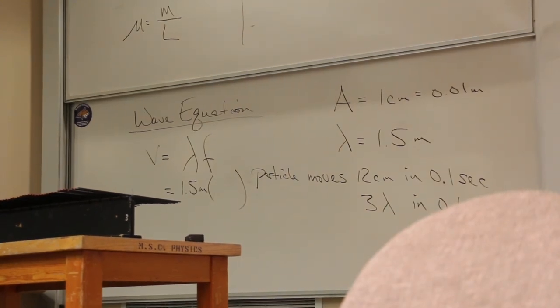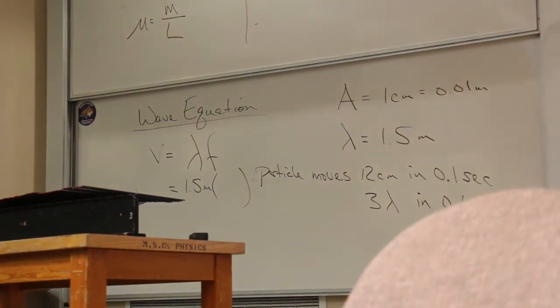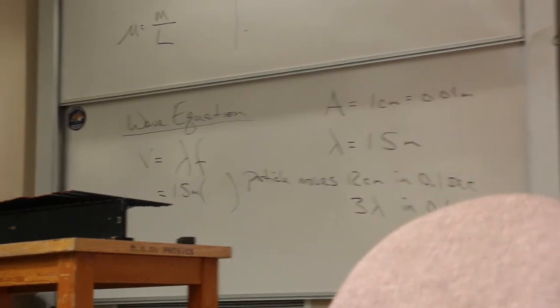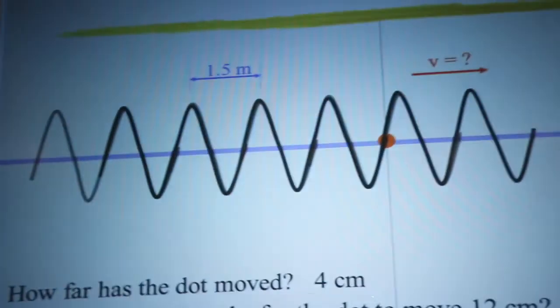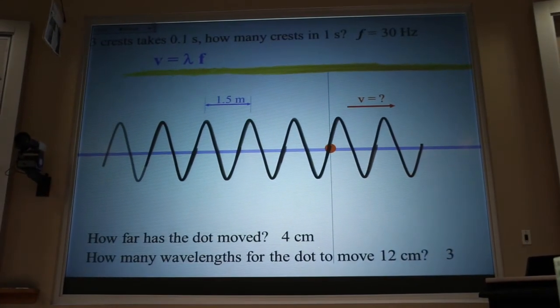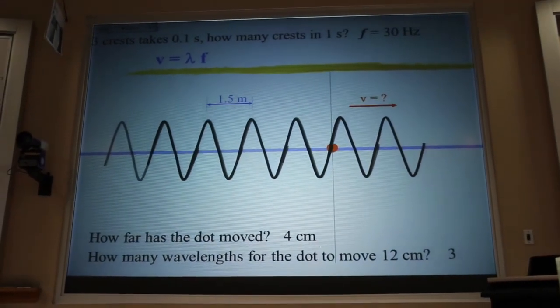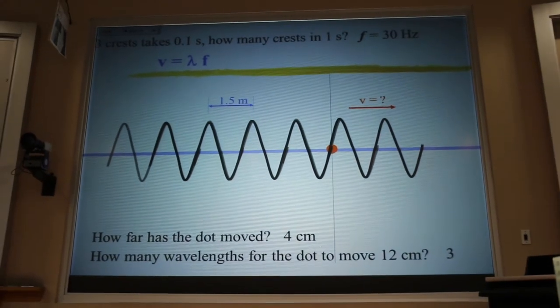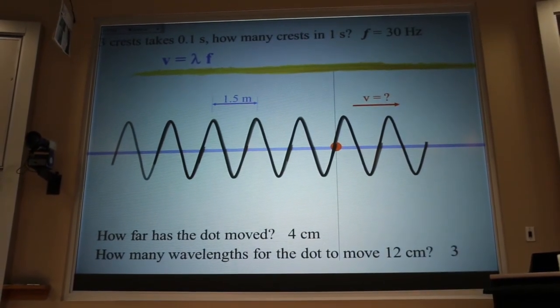Yeah, if I get 3 in 1/10 of a second, I get 30 in a whole second. So the frequency is 30, and that's going to give me a wave speed of 45 meters per second.